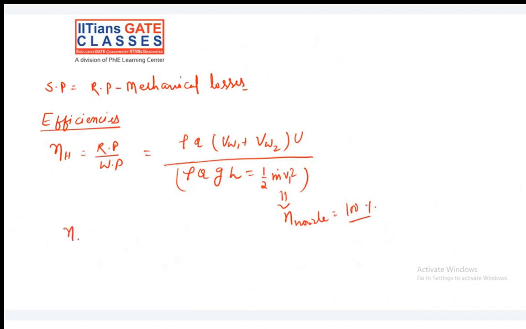So can I write down hydraulic efficiency? This is equal to 2 times (VW1 plus VW2) multiplied by U upon V1 square.